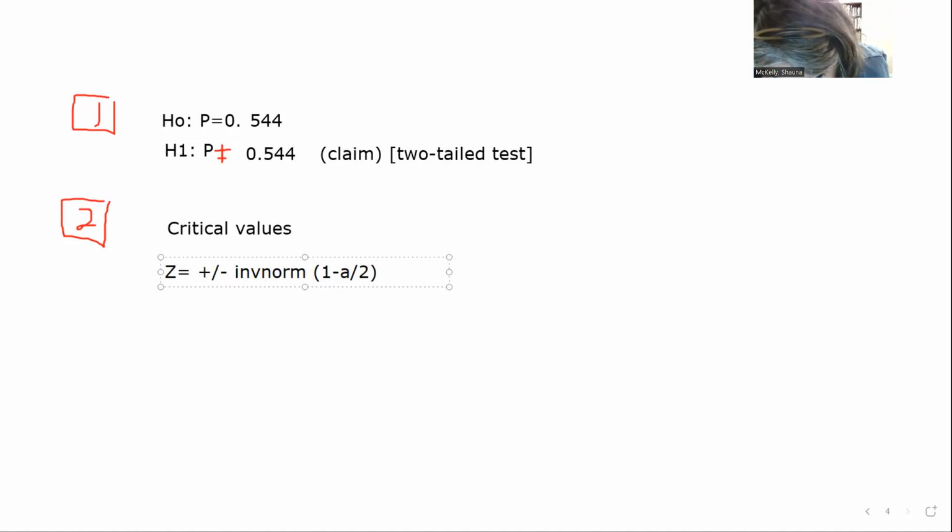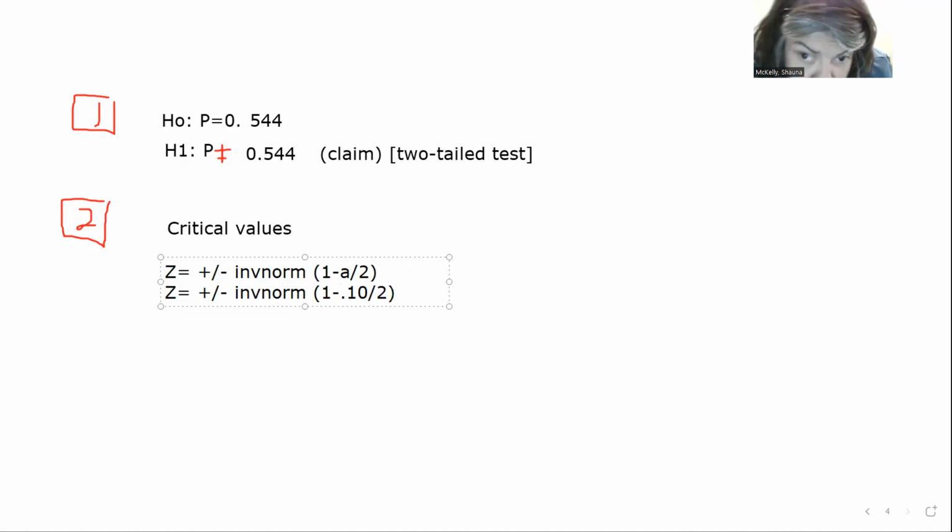So here, z is going to equal plus or minus inverse norm of 1 minus 0.10 divided by 2. Because remember, my alpha was 0.10.